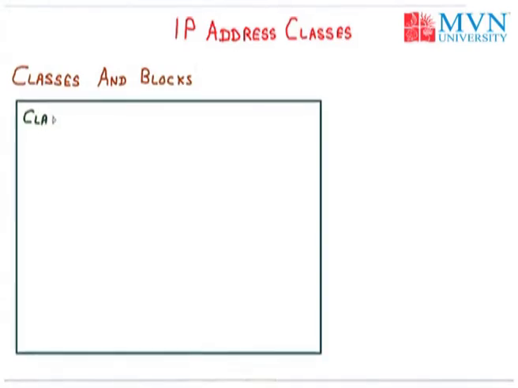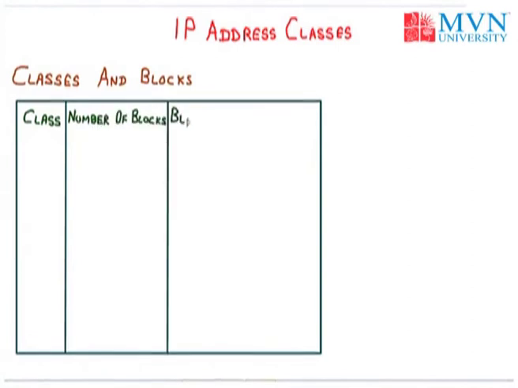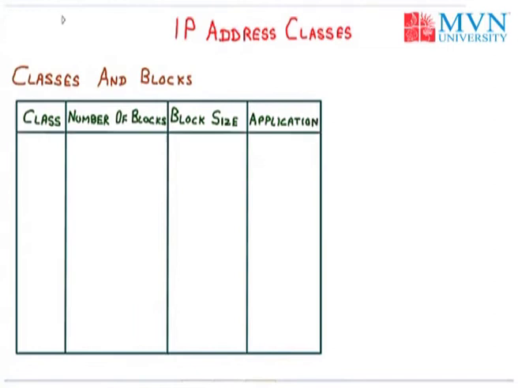First we have the classes, then the number of blocks, then the block size, and then the application. We have 5 types of classes: A, B, C, D and E.